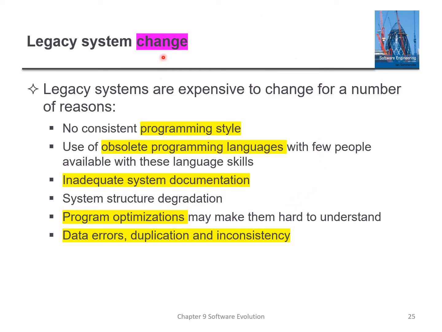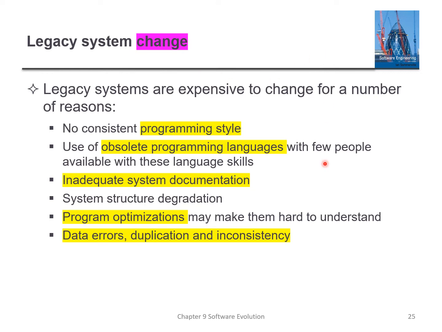In case you still want to use the legacy system, but you want to change some parts of it, right? Some of the challenges and reasons why it is expensive are that the newer generation of programmers are mostly not well trained in slightly older programming languages, right? Which is what the legacy system was developed with.